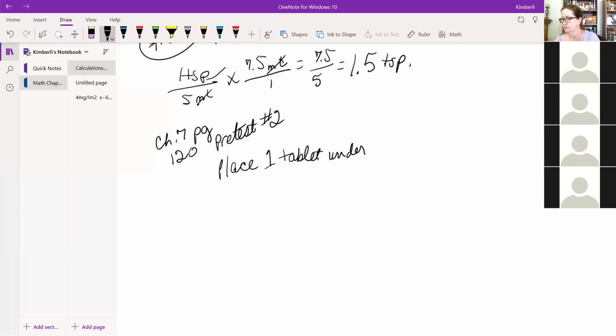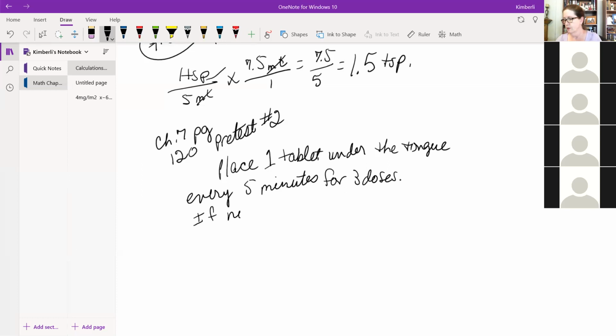Yeah, 1 tablet under the tongue every 5 minutes for 3 doses. If no relief, call 911.